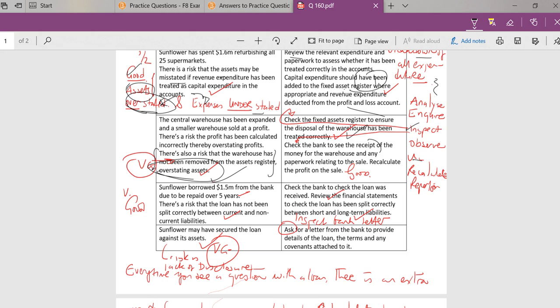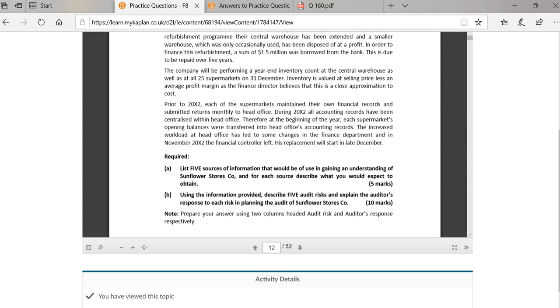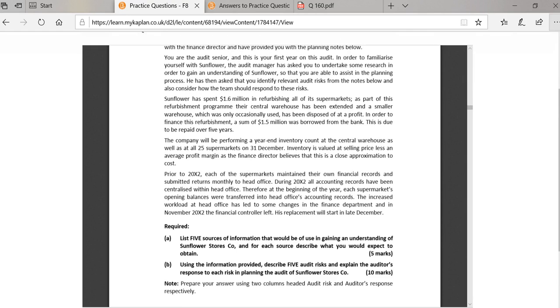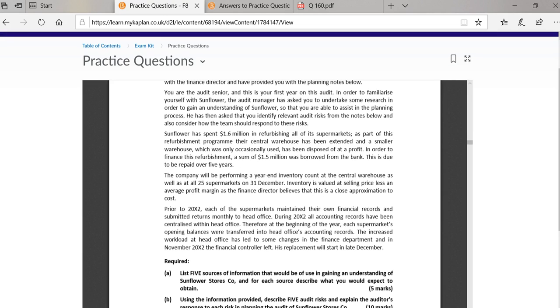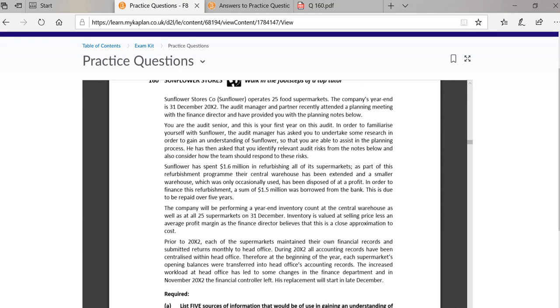And then, of course, this is really a carry-on. This actually is the central warehouse. Let me just see how that was expanded. Yes, right, of course. So you're really only focusing on this one, right?